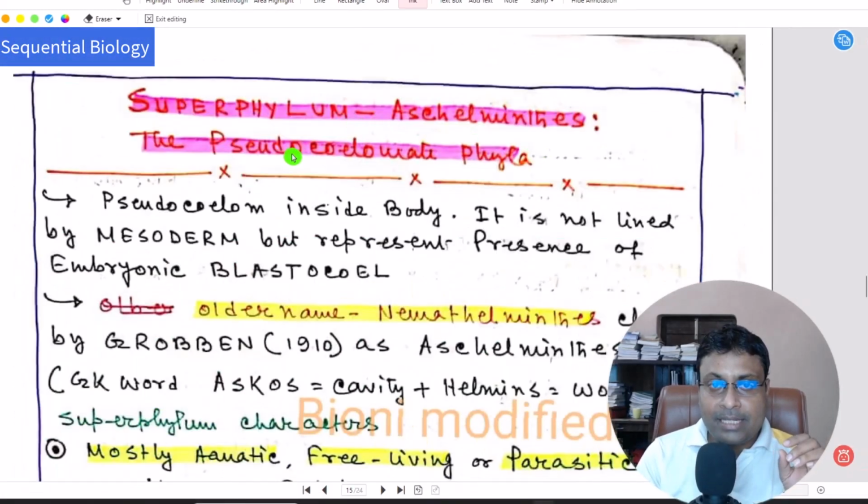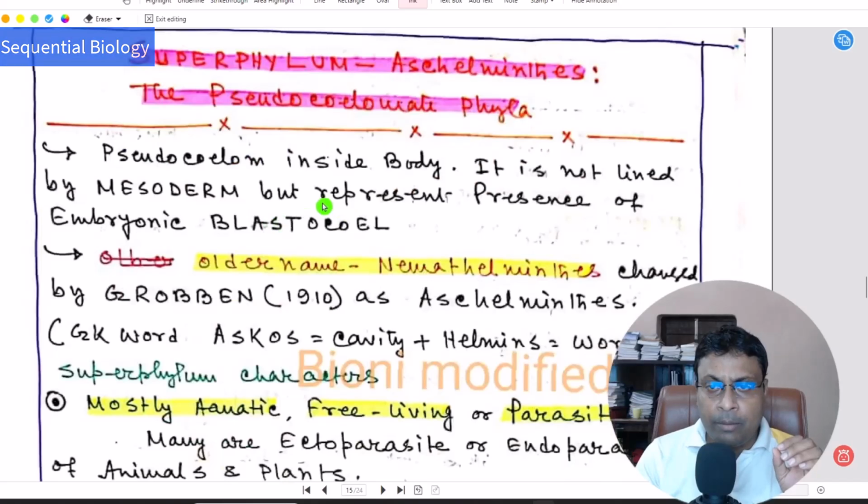The Superphylum Aschelminthes are also called the pseudocoelomate phylum, with the pseudocoelom inside their body, which is not lined by mesoderm but represents the presence of the embryonic blastocoel. What is this pseudocoelom?